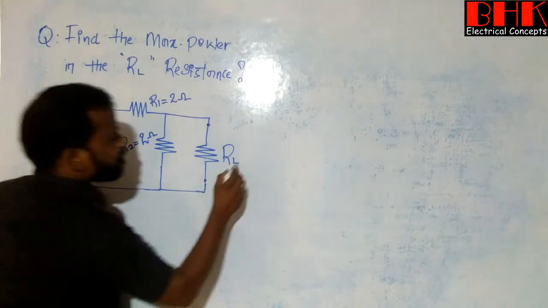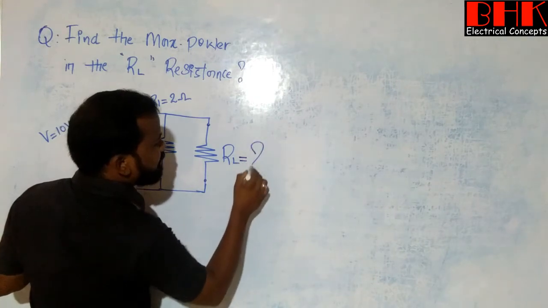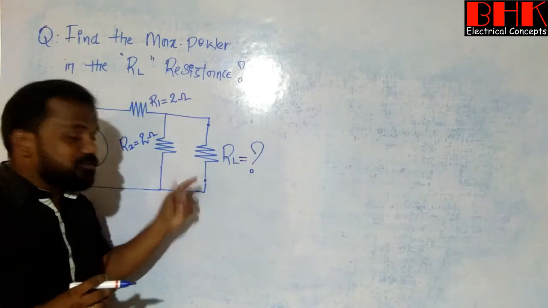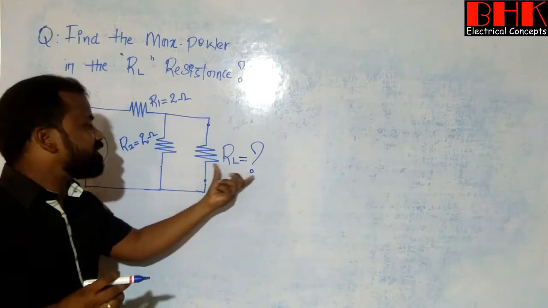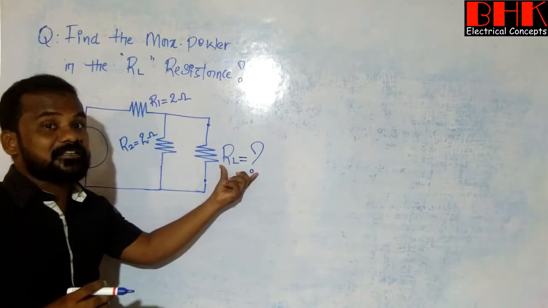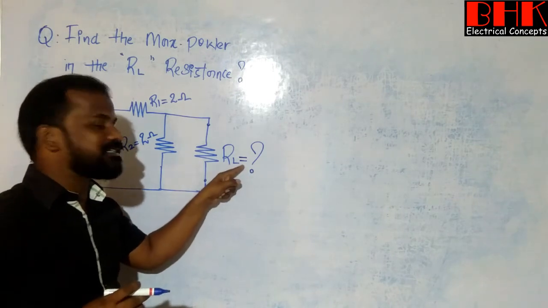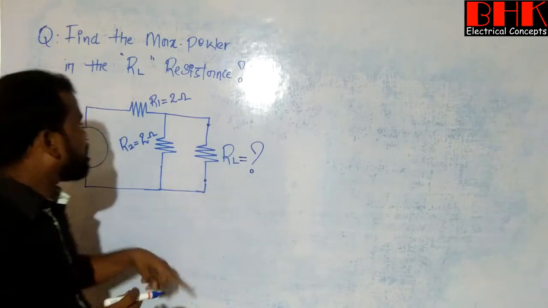The question is to find the maximum power in the load resistance. It means we need to calculate the maximum power in this particular load resistance. But the important point is we don't know the value of the resistance here.